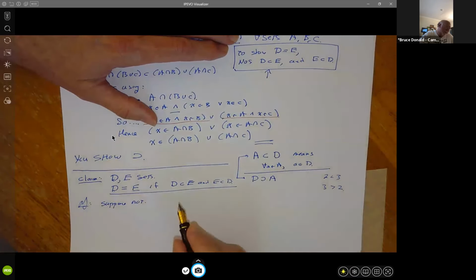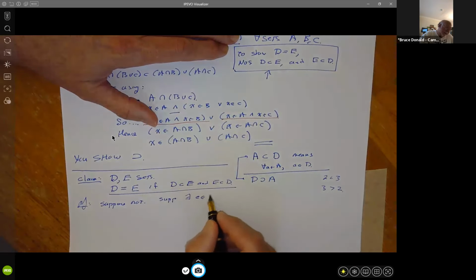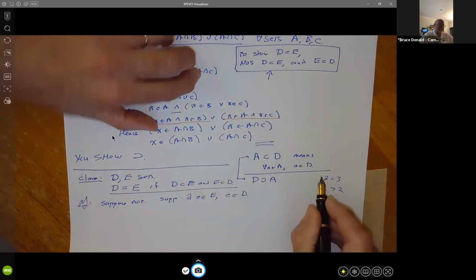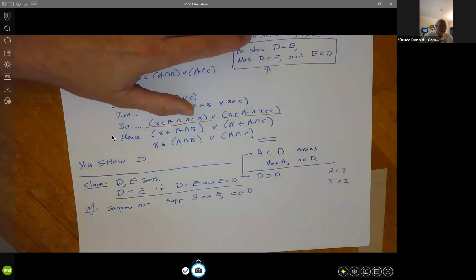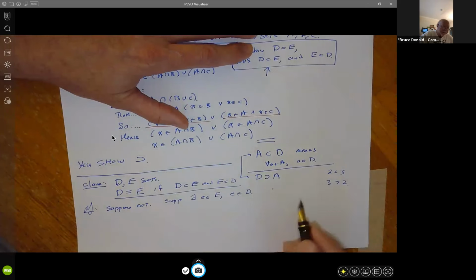But without loss of generality, suppose there exists a point e in E such that e is not in D. Does that make sense? I just have to look at one case here. So I'm looking at a case like this, where that's one way this could not be true. The sets could not be equal.